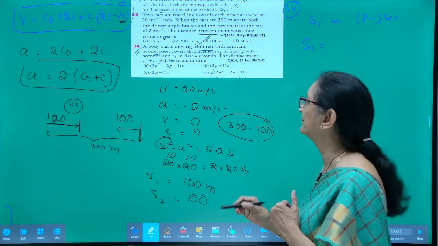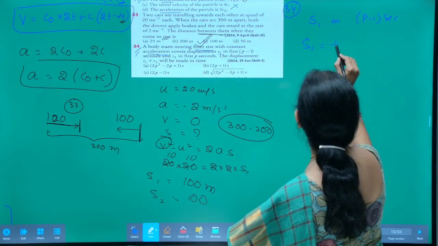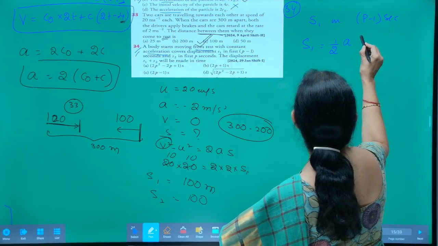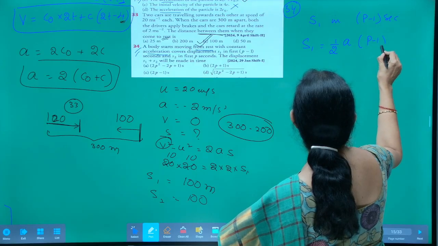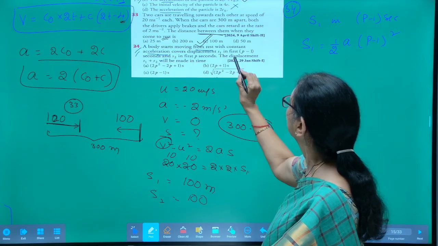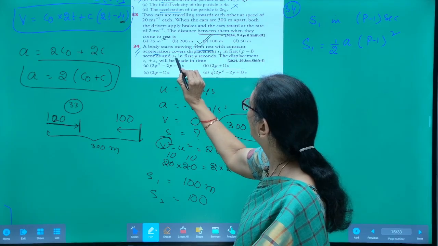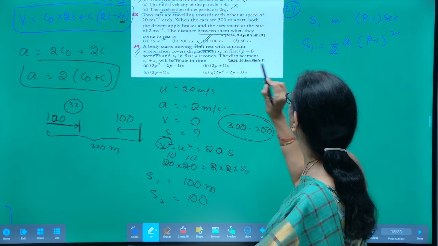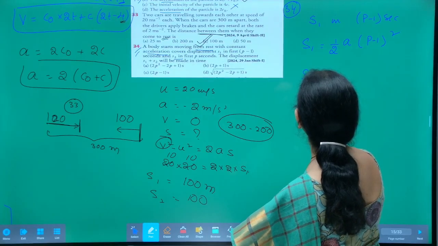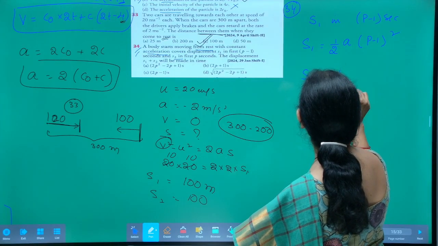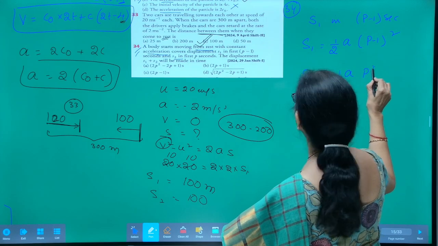As it starts from rest, u is 0. It is simply half a t square, with t equal to p minus 1, whole square. Similarly, it covers a distance S2 in first p seconds. S2 is equal to half a into p square.